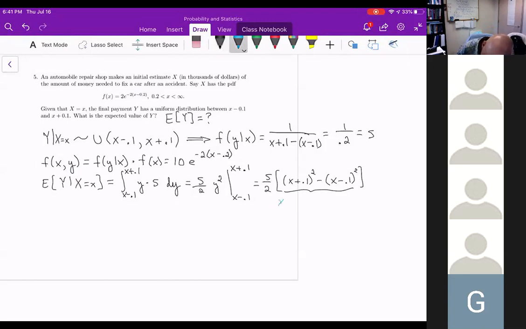So the first term is x squared plus 0.2x plus 0.01, 0.1 squared, 0.01, minus x squared minus 0.2x plus 0.01. And looking at it, I see that the x squares will cancel out, the 0.01 will cancel out, and then we are left with 0.2x plus 0.2x, or 0.4x.